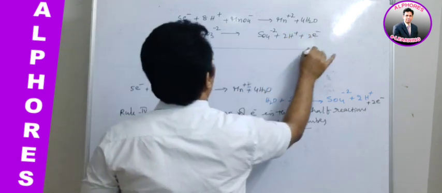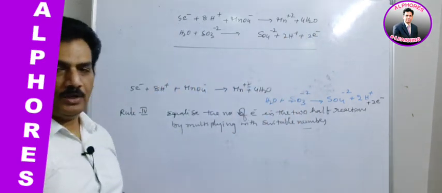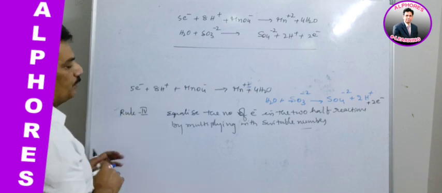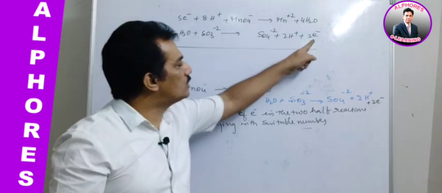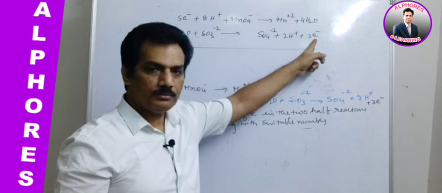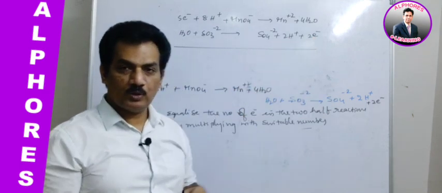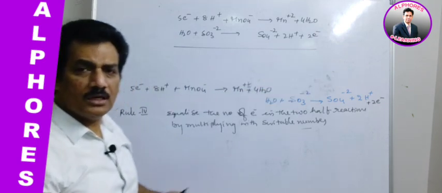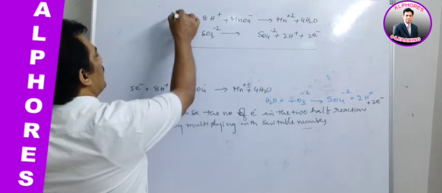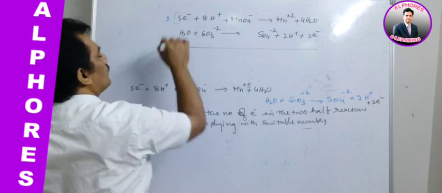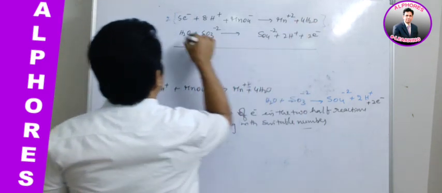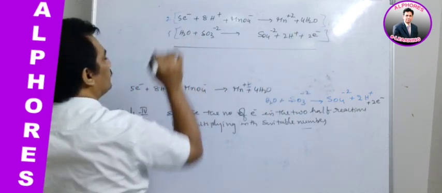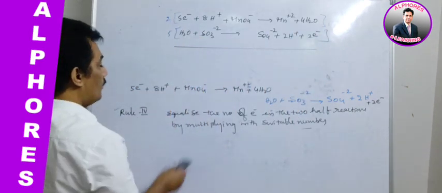These are the two half reactions after balancing the charges. Now, as per rule number 4, we are asked to equalize these electrons by multiplying with a suitable number. Here one is an odd number, the other is an even number. So simply we can crisscross, and thereby multiply this equation with 2 and this equation by 5. Then we can equalize the electrons.